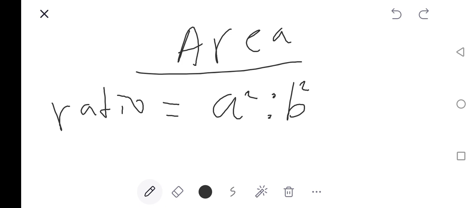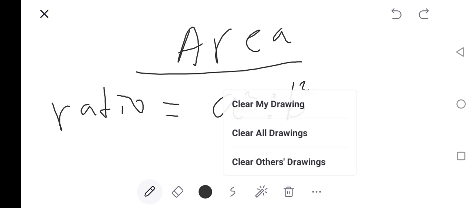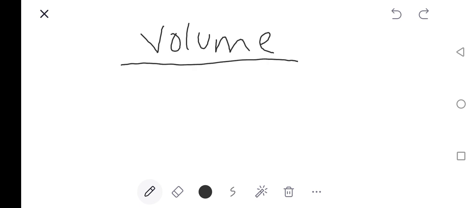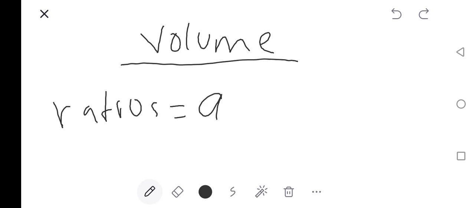Did you get that? Okay. And then when you're finding volume, the ratio of volumes is A to the 3, B to the 3. You didn't write that 3 properly.